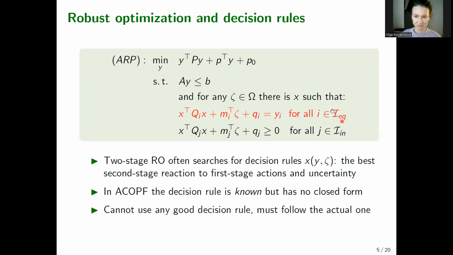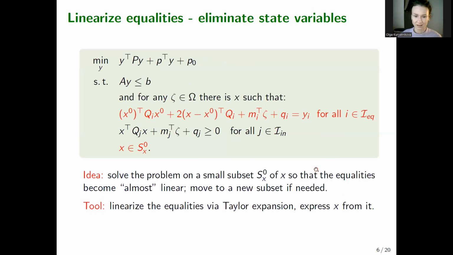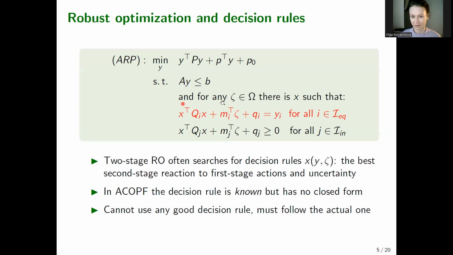So namely, I want to deal with this equality. I know that this equality implicitly defines my decision rule. And I can think about this equality as an implicit function. So my x, y of z is an implicit function, which is given by this system. What can I do with this implicit function?